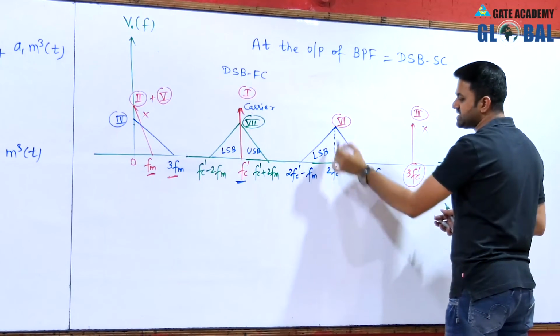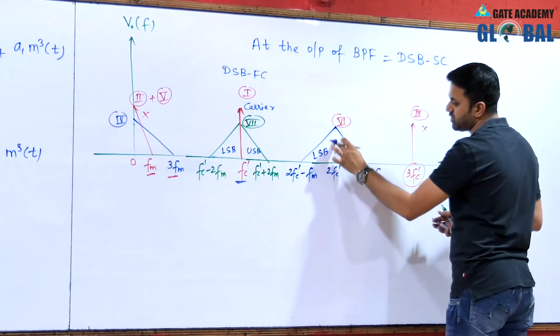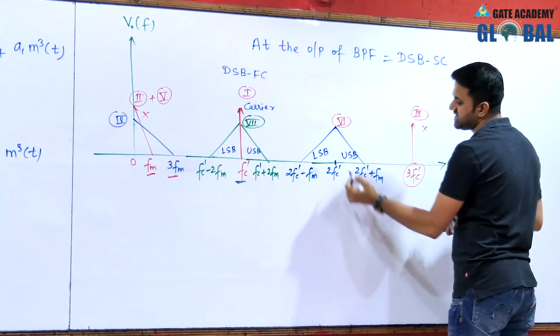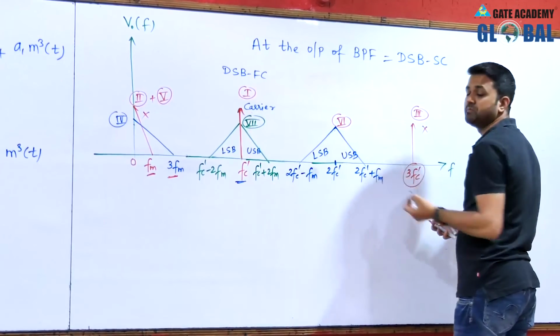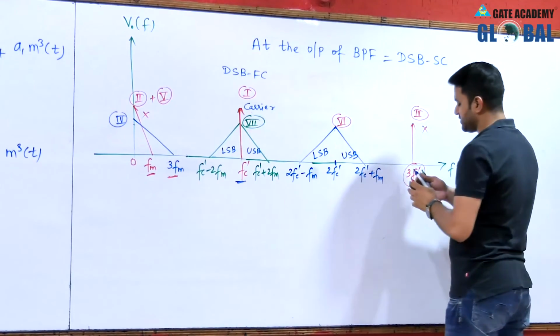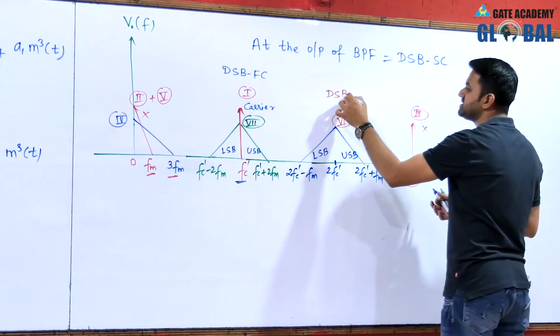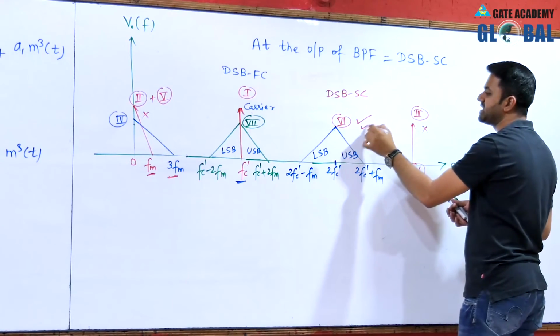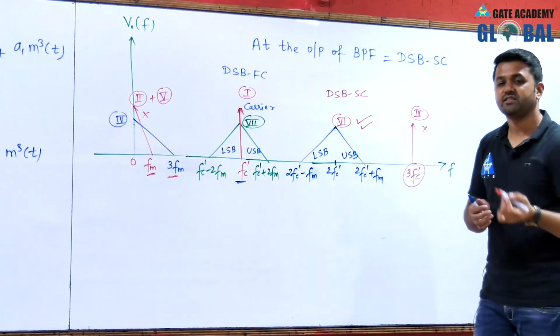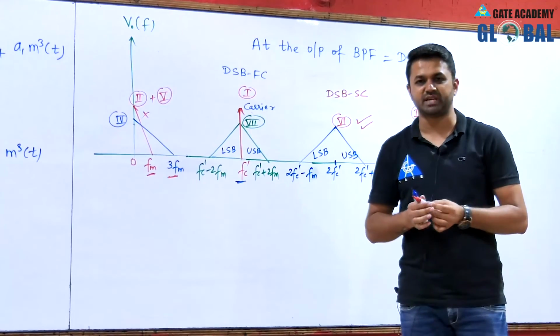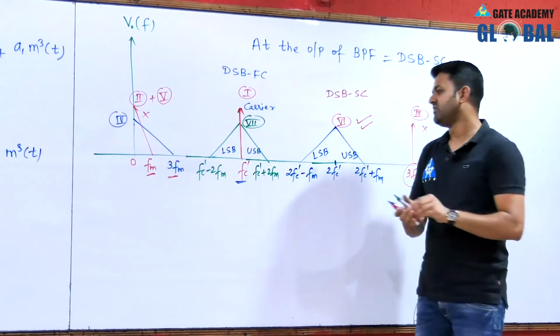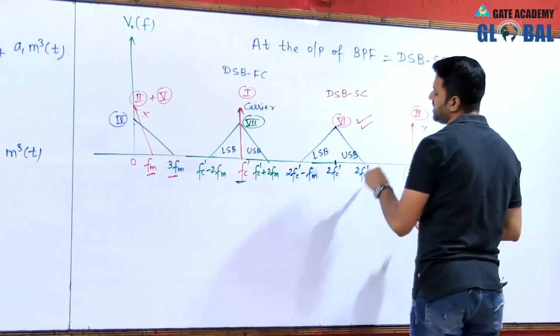At 2fc there is no component, no impulse, so that is why it is known as double sideband suppressed carrier. So this is our desired term, and by the appropriate band pass filter given in the question, we will select this particular term only.